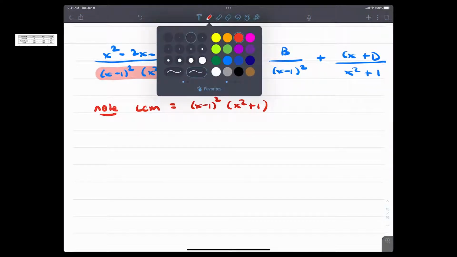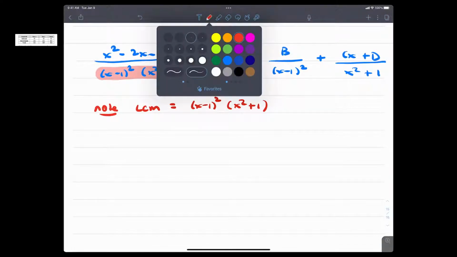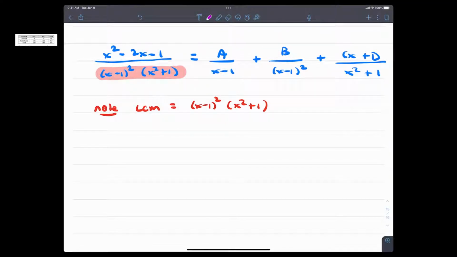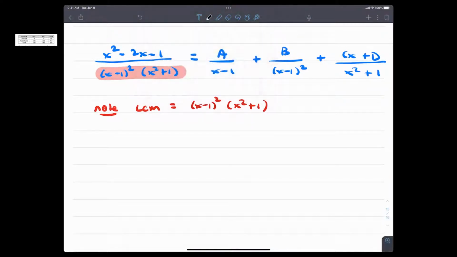What that does for you is, on the left side, you're just going to have the numerator, right? So I say, hey, do the algebra. What I mean is add those sides and then use that fact I gave you that if you have fractions that are equal, it means that your numerators are equal.